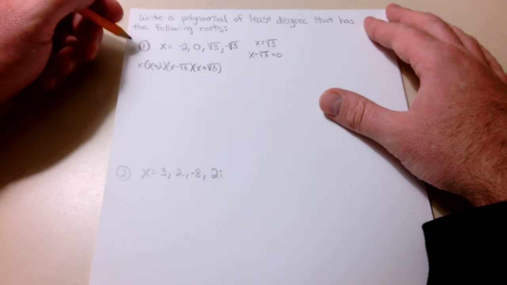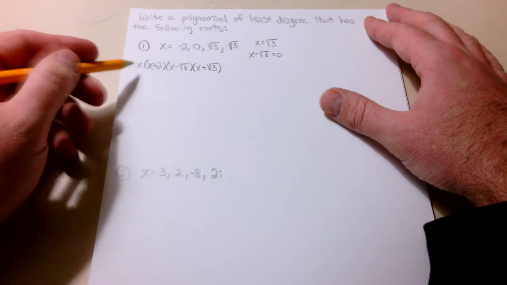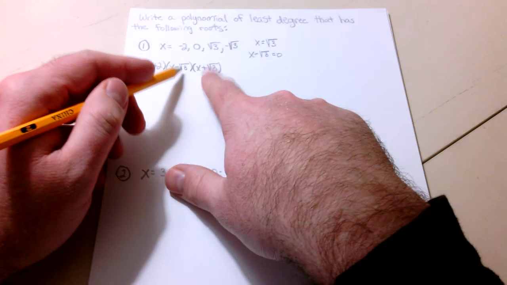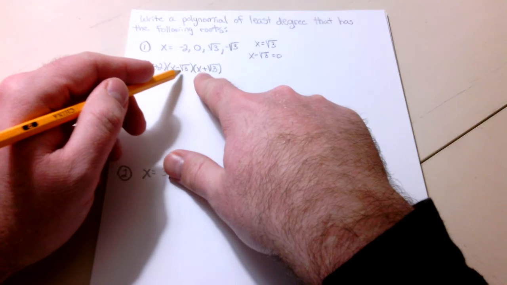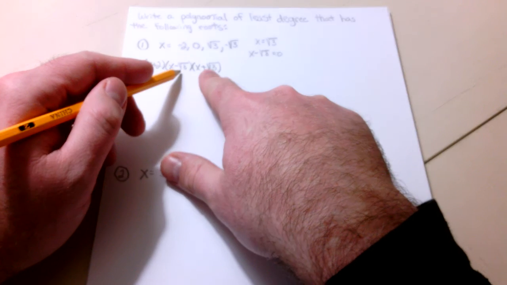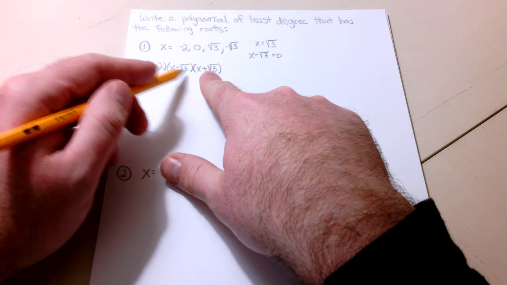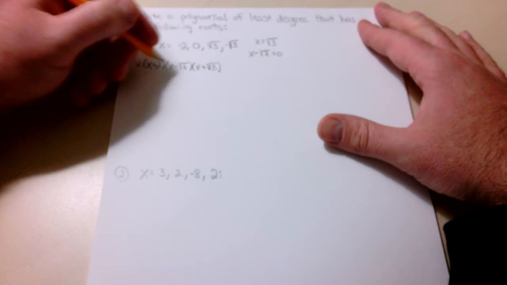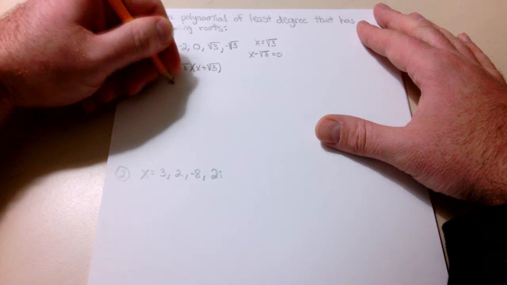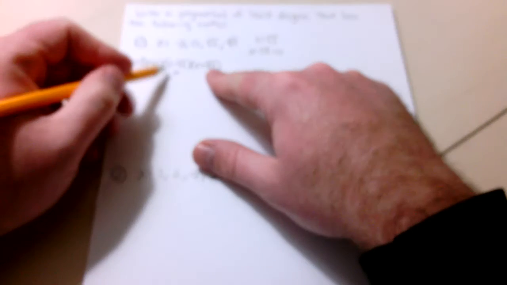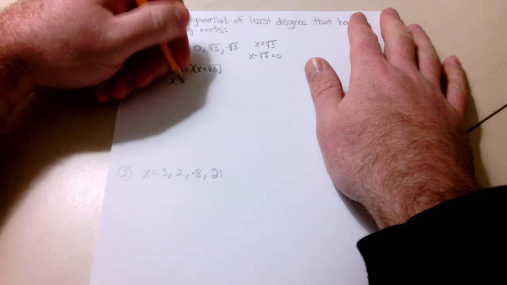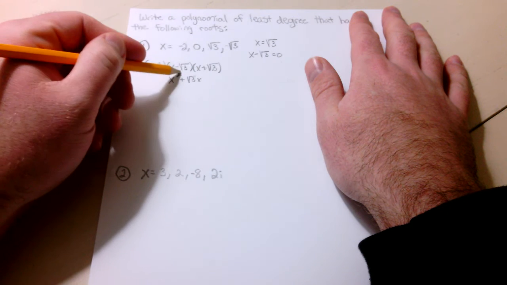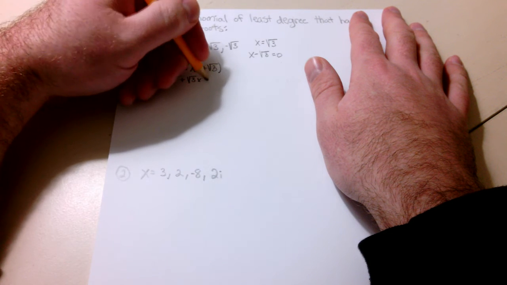Now we just distribute. In my last video, I talked about how I normally distribute left to right unless I see anything special. And actually, what I was talking about was this happening. Because we have irrational roots here, I'm going to multiply those two first. And what you're going to see is that the square roots here take care of themselves. If I multiply x by x, I get x squared. x times positive square root of 3 is going to be positive square root of 3x. And then negative square root of 3 times x is going to be negative square root of 3x.